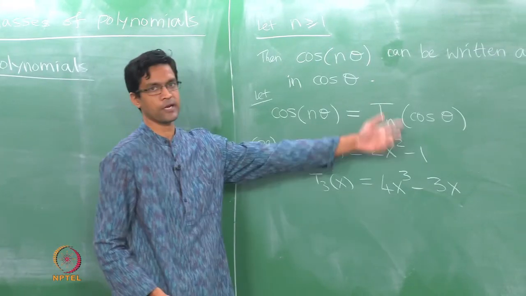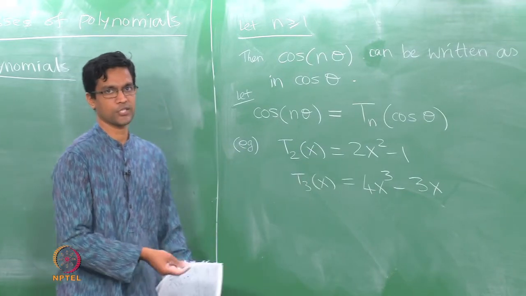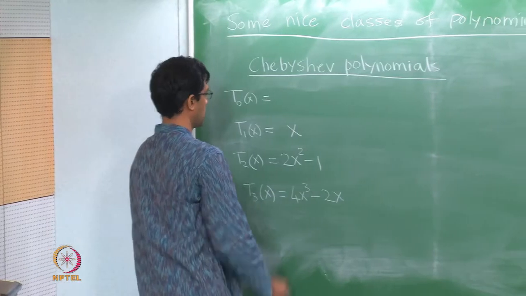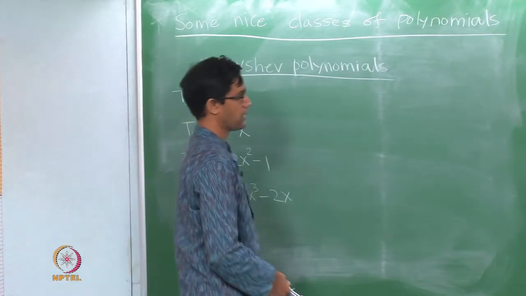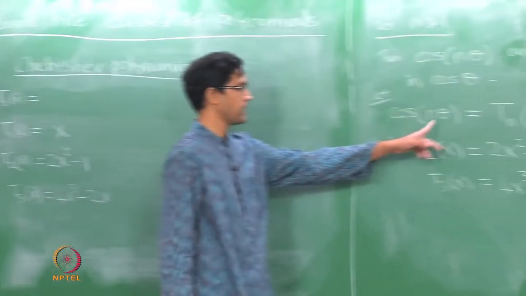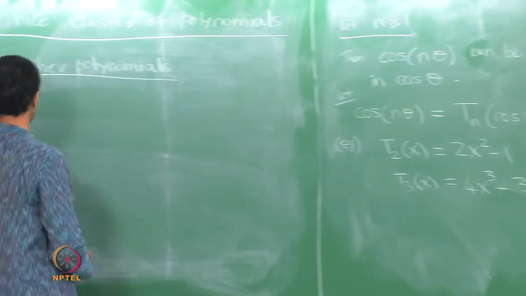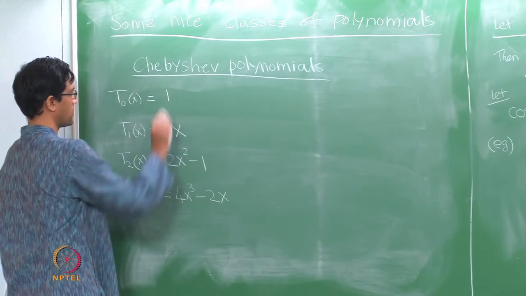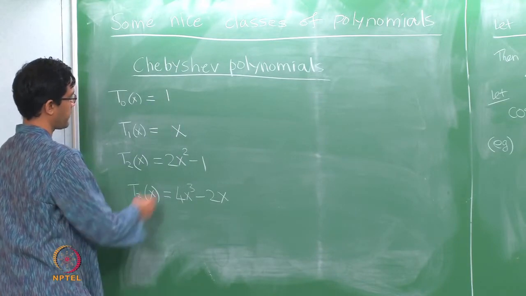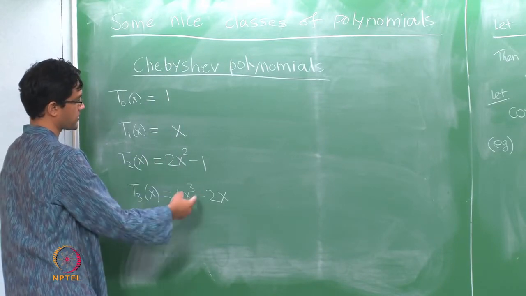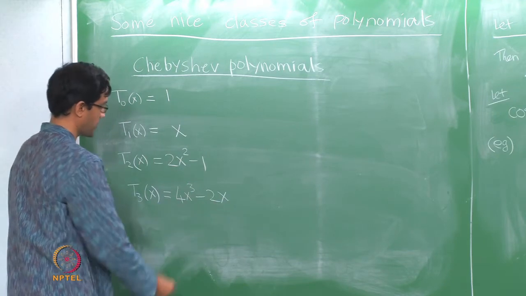If you plug in cos theta as a polynomial in cos theta, right. So that is just the polynomial x itself. So T1 of x is just x. T0 of x is, I plug in 0 in place of n, so it is cos of 0, that is just the constant 1. So in fact T0 of x is the constant polynomial 1, T1 of x is the polynomial x, the next guy is 2x squared minus 1, 4x cubed minus 2x and so on.